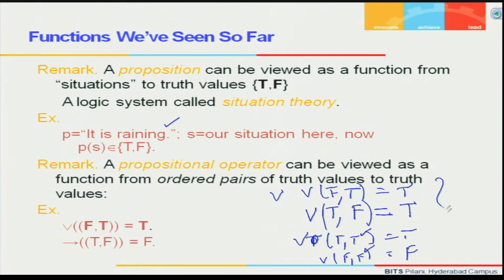That is what we are doing here, isn't it? You take an ordered pair and associate a value true or false to it. Hence the operator that you have seen in your propositional logic is nothing but a function from ordered pairs of truth values to truth values. Basically this is a function that is acting on an ordered pair, and you are getting a truth value. For that matter, any operator you can see as a function from ordered pairs to truth values.